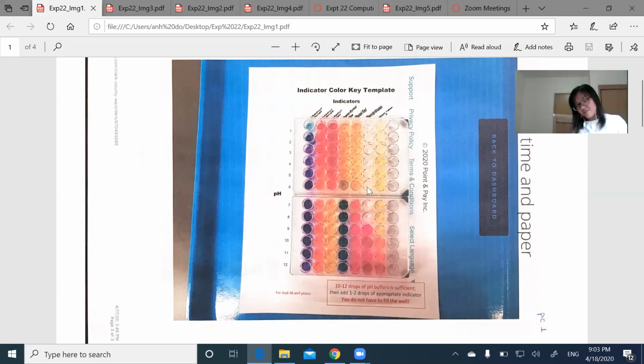So what I noted down on my notes was that it looks like it's around pH 6 because of the slight change in the hues of orange between the second and the fifth indicator.